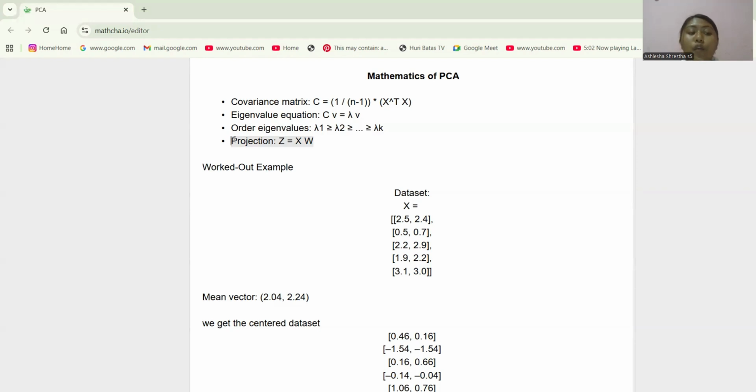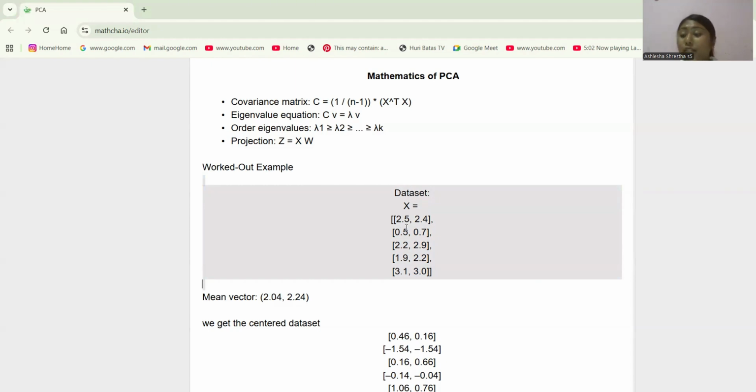So let's work through an example with a small dataset of 5 two-dimensional points. The dataset is shown here. Step 1, we calculate the mean of each column.